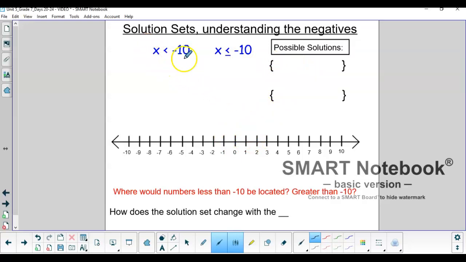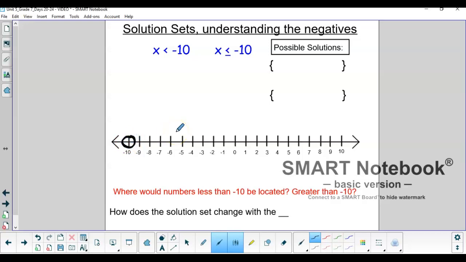So this first one here on the left hand side, I would read this as x is less than -10. Now, even though I said less than, I want you to think about what the shark or the alligator is eating. The alligator's eating the -10. If -10 is bigger, that means that x has to be smaller. So this is going to be important. I know that -10 is over here on my number line. We would use an open circle.